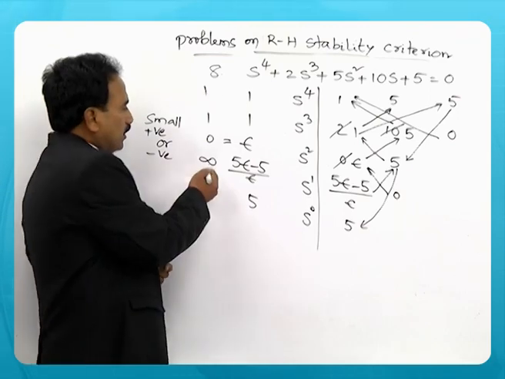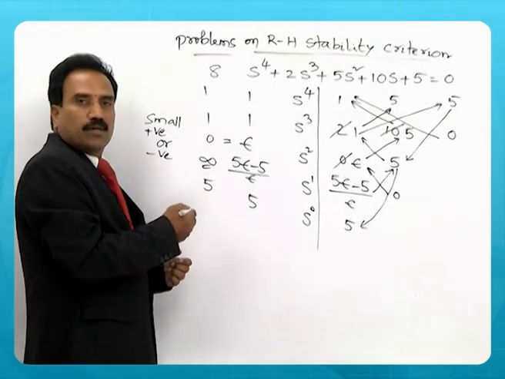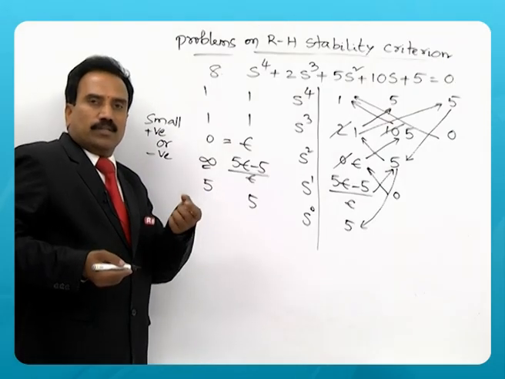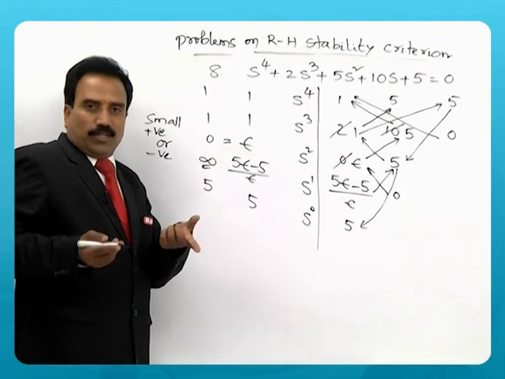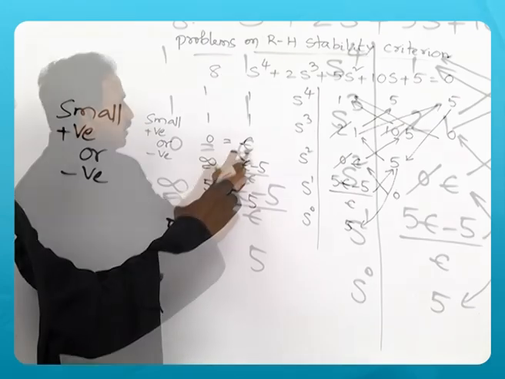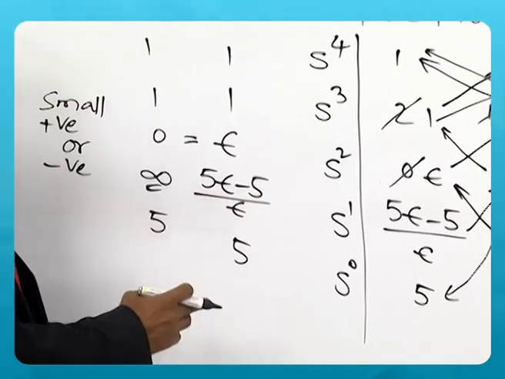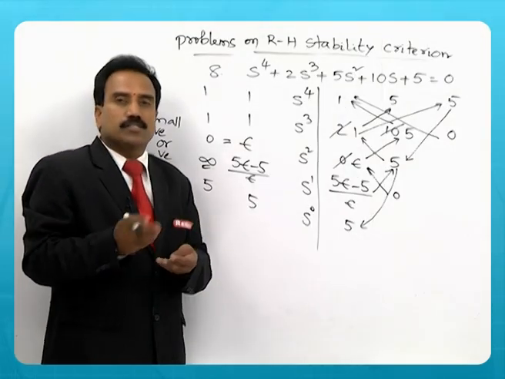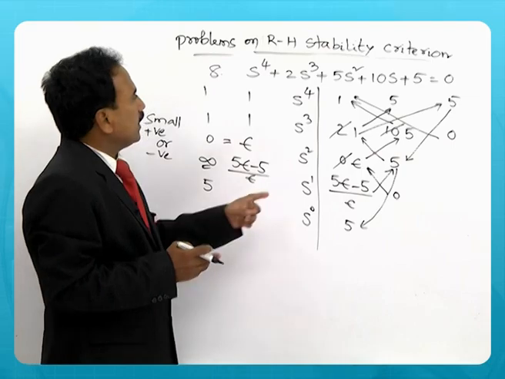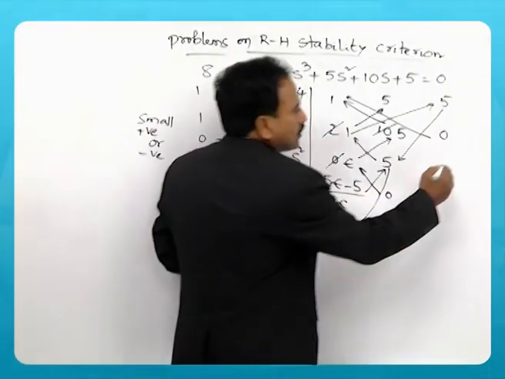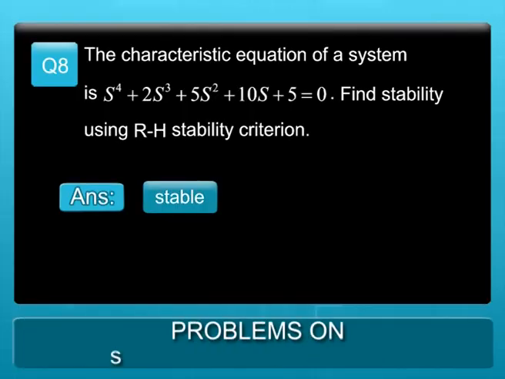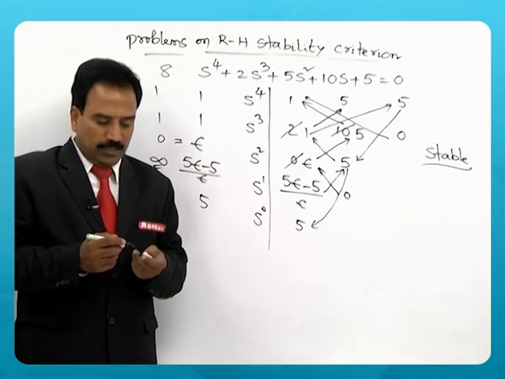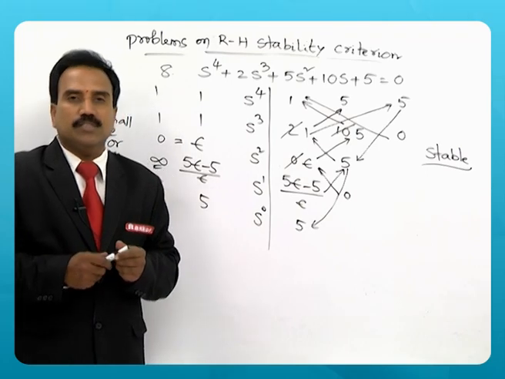If you don't want to look at the infinity in the first column, you can use a small positive value, maybe 0.001 or minus 0.001, it doesn't matter. Substitute the epsilon value, and if you find any sign changes, then the system is unstable. But as far as this problem is concerned, the system is stable because no roots are lying in the right half, because there are no sign changes.